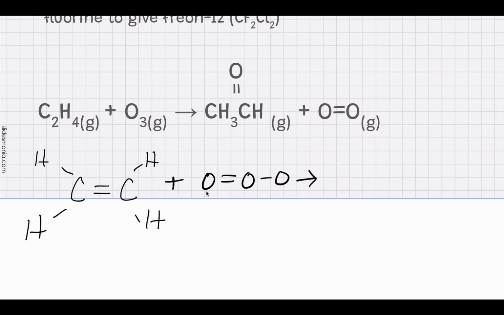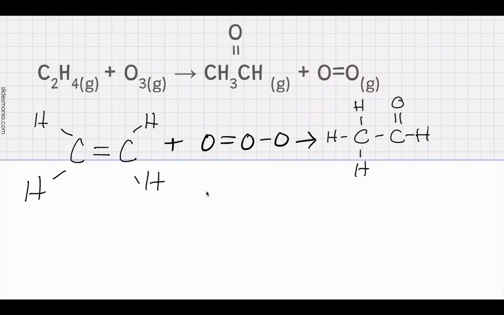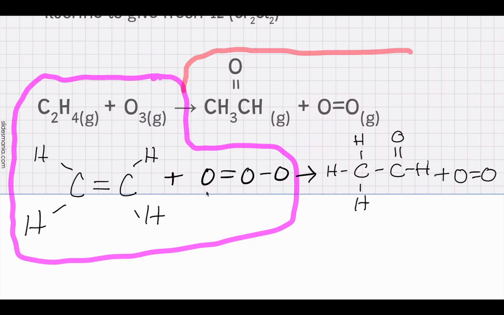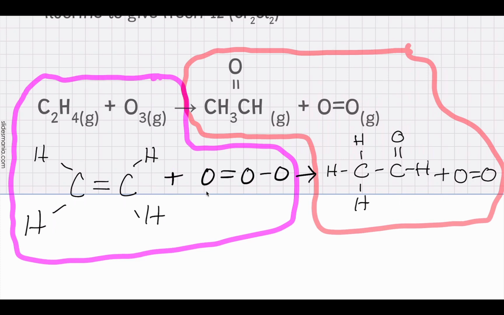The bonds that are going to be formed, again, it's helpful to have this structure drawn out, or it'll be given to you, and then the O is double bonded to the O. So again, I'm going to figure out the amount of energy required to break these bonds, and I'm going to figure out the amount of energy that would be released when the bonds are formed, but I'm going to keep it positive, and then at the end I'm going to subtract those.